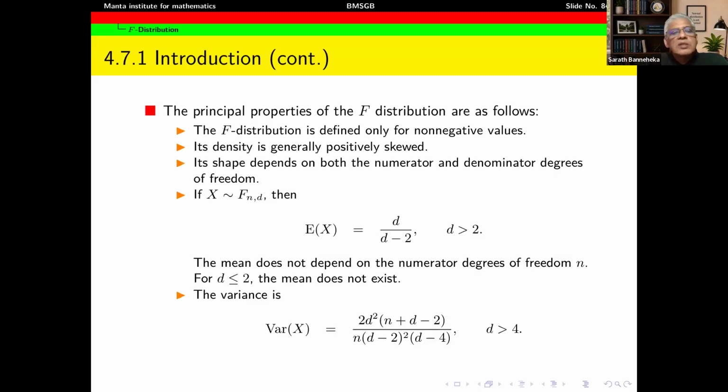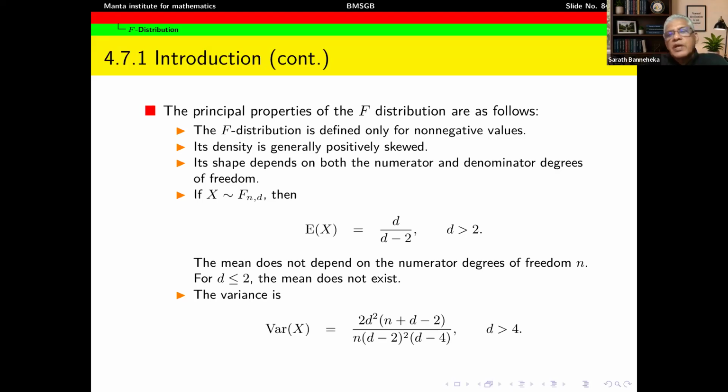So what are the principal properties of the F distribution? The F distribution is defined only for non-negative values. So if some random variable X has an F distribution, X must be greater than or equal to 0.